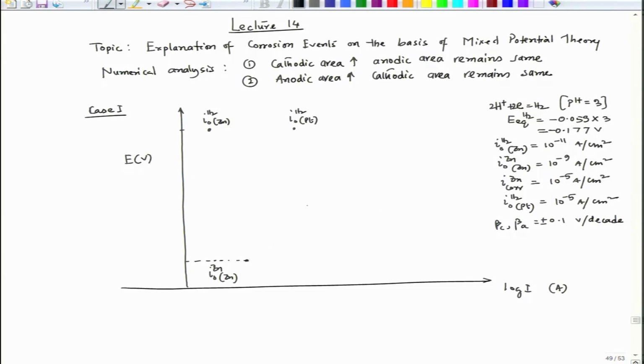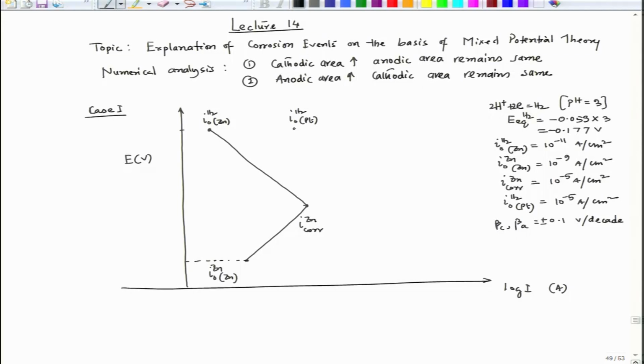Now, if we try to see, this is I corrosion of zinc when it is immersed in that acid without connecting it to platinum.